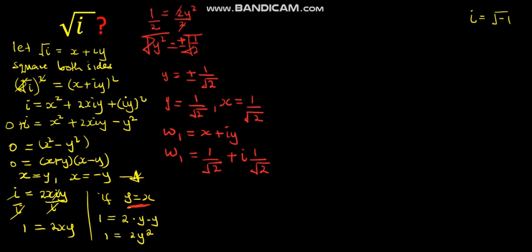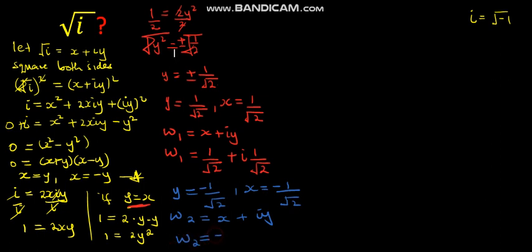So we are going to find the second root, and for the second root we shall say that y is equal to negative 1 out of root 2, and the second root will be equal to x plus iy. Remember, when y is negative 1 out of root 2, x will also be negative 1 out of root 2. So the second root will be negative 1 out of root 2, then minus i out of root 2. So that is good.